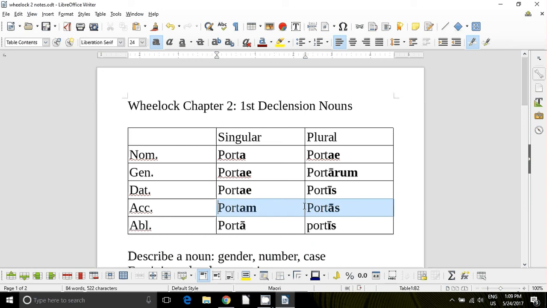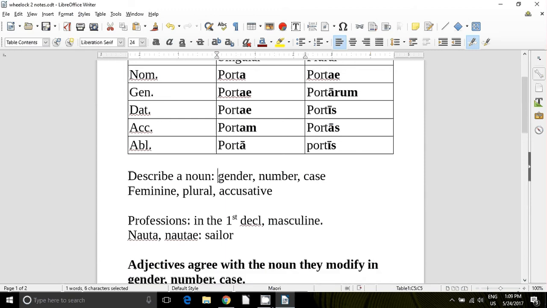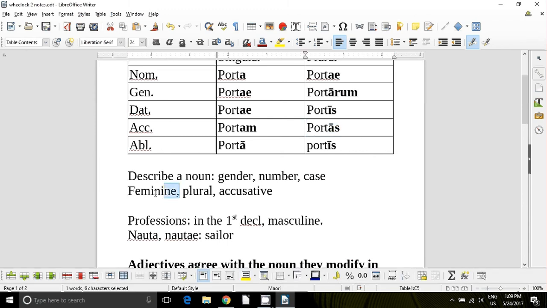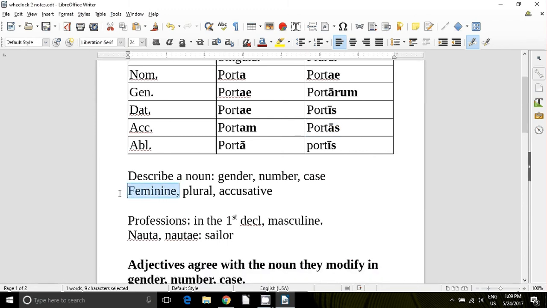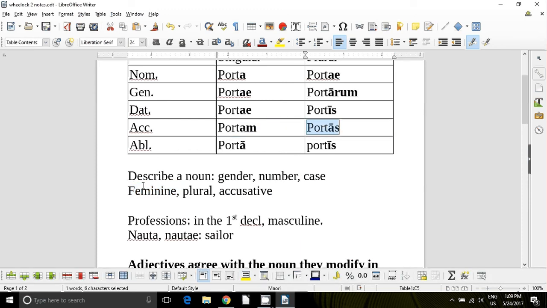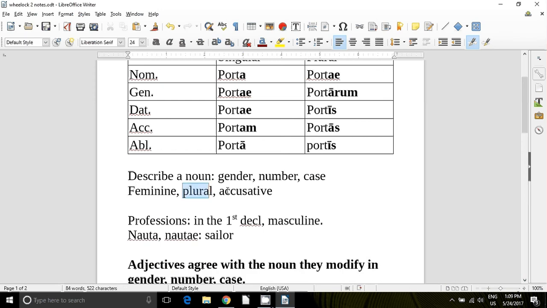So if I give you portas, and I say describe the noun, identify the noun, you should be able to give its gender, number, and case. So for portas, its gender is feminine. Most first declension nouns are feminine. We'll talk about the exceptions to that rule in a moment. So you need to be able to tell me that portas is feminine, it's plural, and it's accusative.